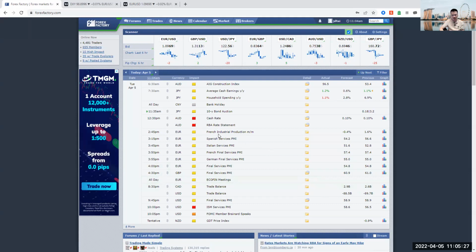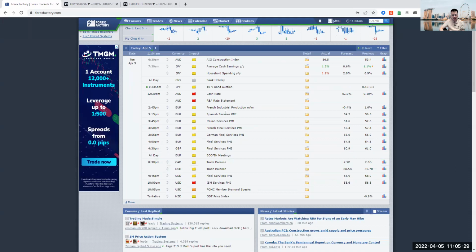Later today, we do have services PMI across the board for the Spanish, the Italian, and the French PMI numbers, and German as well. All looking no change, right? Not a big change. I don't really pay attention to the Spanish, Italian PMI numbers too much, but looking at the German at 55, the French services PMI at 57.4, no change expected there.